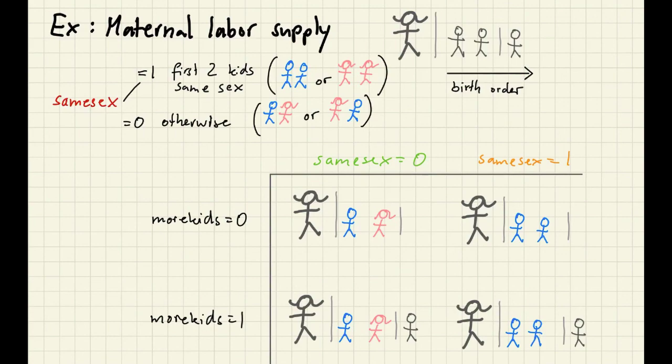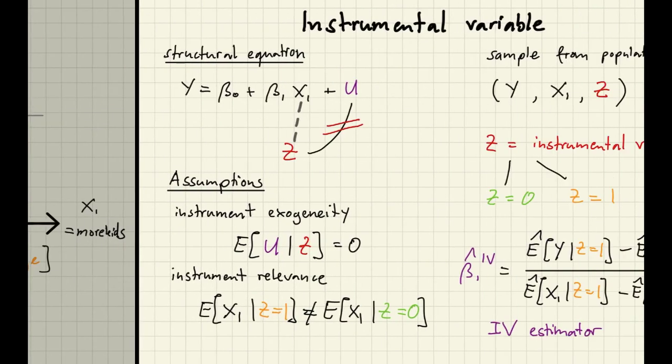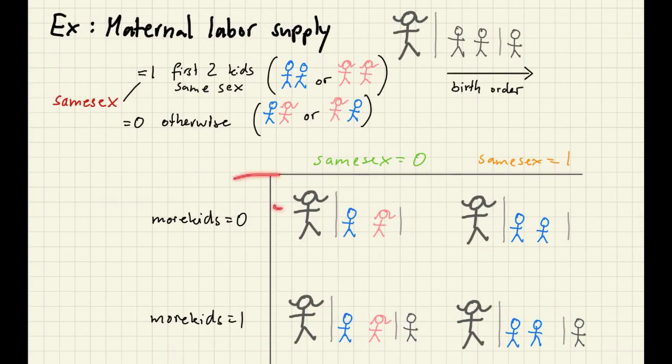So the families with more kids equal to 1 were more likely to be up here rather than down here compared to the families with only 2 children.